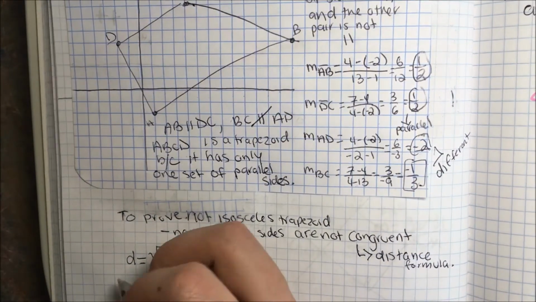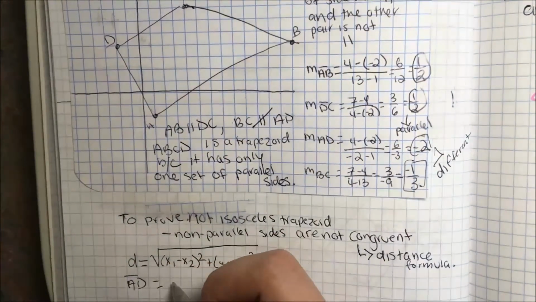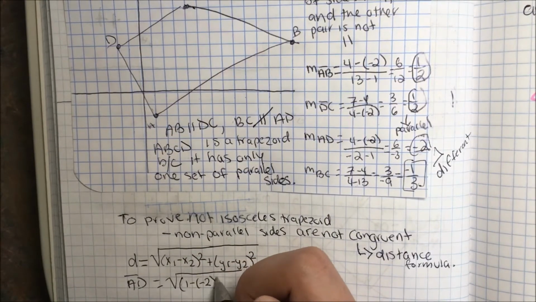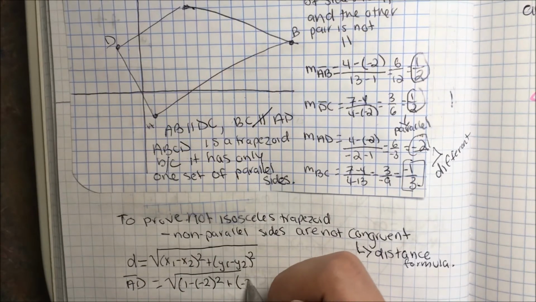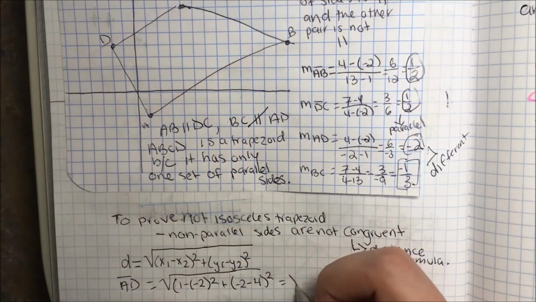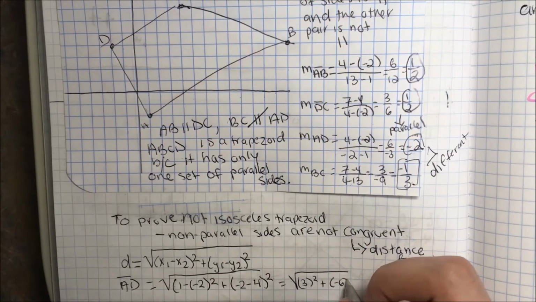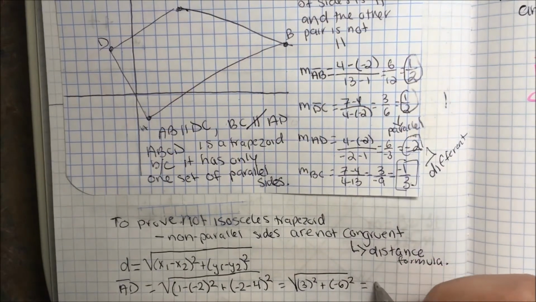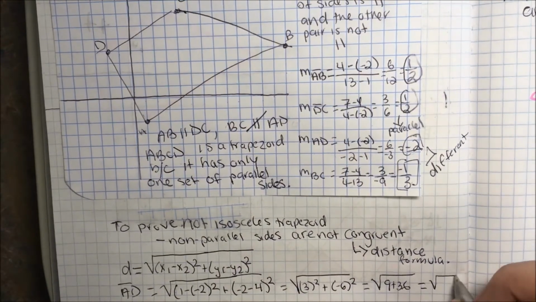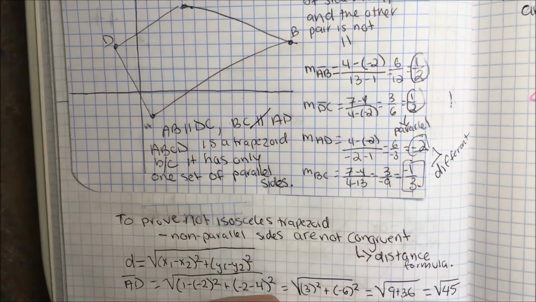So we can find the distance of line AD, and that's going to be 1 minus negative 2 squared plus negative 2 minus 4 squared, which gives us 3 squared plus negative 6 squared, which is the square root of 9 plus 36, which is the square root of 45. So the distance of AD is the square root of 45.